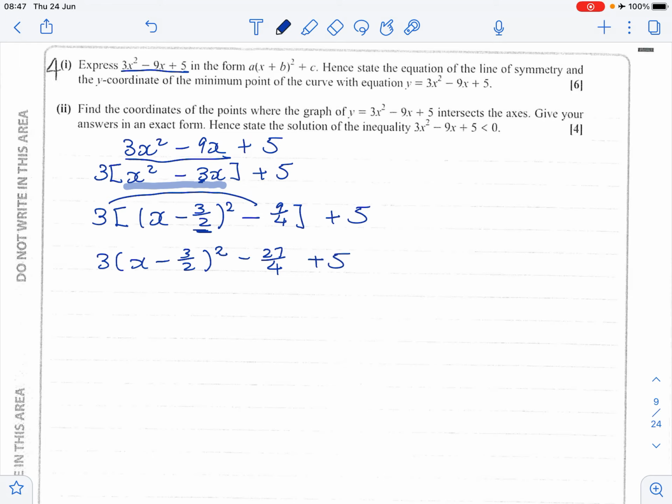Then plus 5. Simplify it, we get 3 bracket (x minus 3 over 2) squared minus 7 over 4.